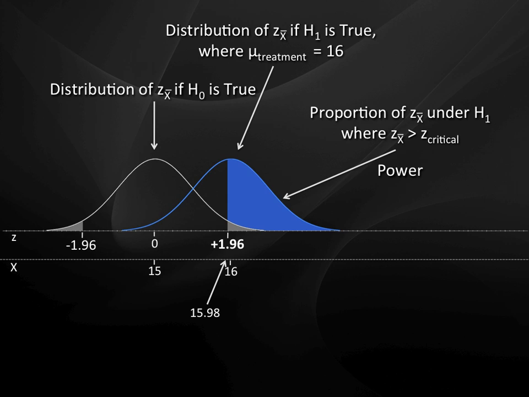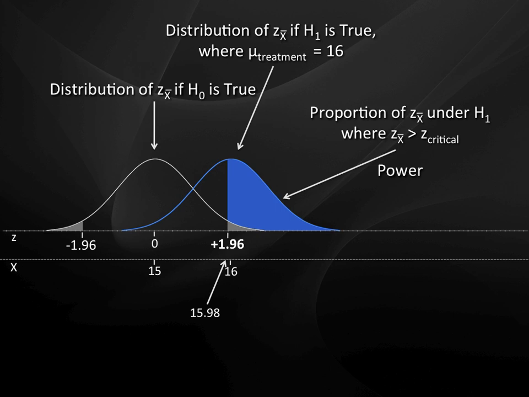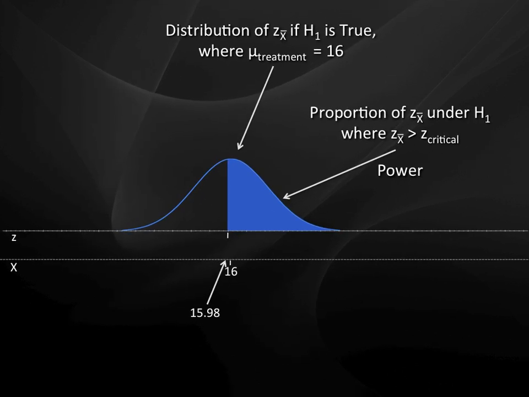Now the reason we're doing this is because once we've found this value, we can actually forget completely about the distribution of the test statistic if the null hypothesis is true. We can completely forget about it, because now it's totally unnecessary. What we're really trying to do is to find the proportion of this distribution, just this single distribution, that's beyond 15.98.